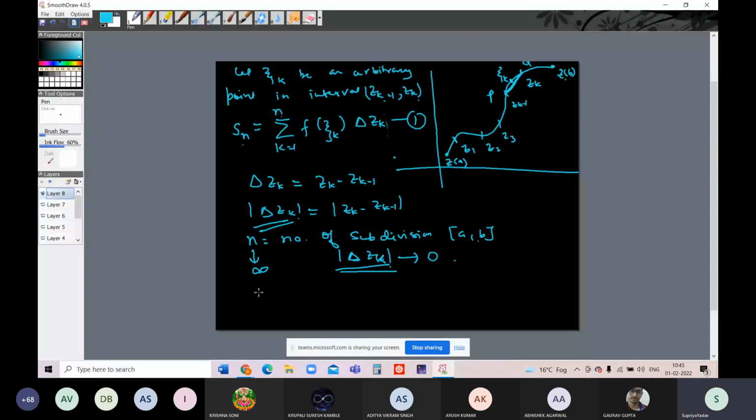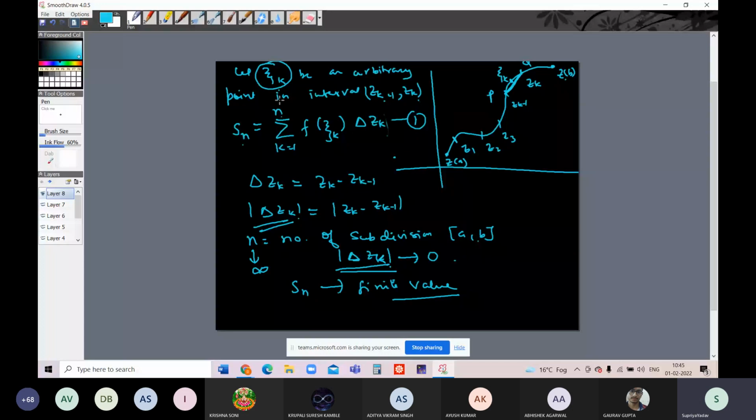And if this sum is approaching a finite value, and this finite value is not depending upon the choice of the partition, whichever partition we choose to divide here, it is not partition dependent, and also it is independent of the choice of this arbitrary xi k.